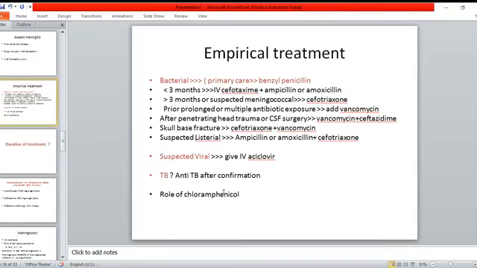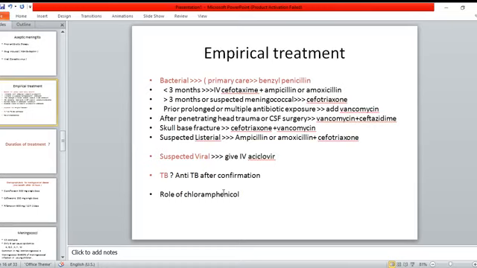If the diagnosis is confirmed, if the diagnosis is already confirmed that it is Listeria monocytogenes, in this situation it's not just empirical treatment.